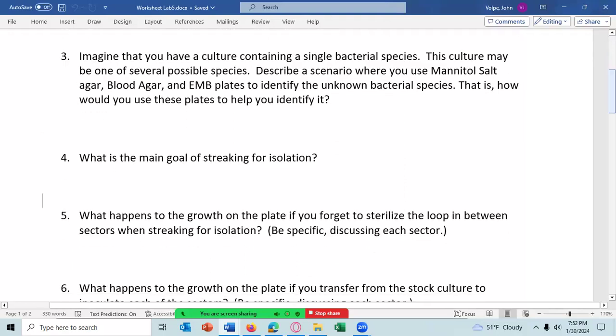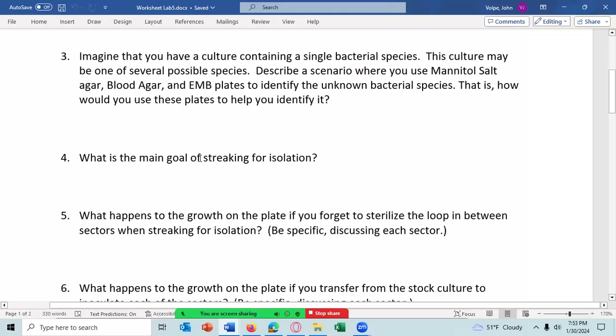Three, imagine you have a culture containing a single bacteria species. This culture could be one of many possibilities, so one of many different species. Describe a scenario where you use mannitol salt agar, blood agar, and EMB plates to identify your known bacterial species. That is, how would you use these plates to help you identify the species? Now, I'm going to warn you that each of these plates has 2 properties that we can use to help you identify the species.